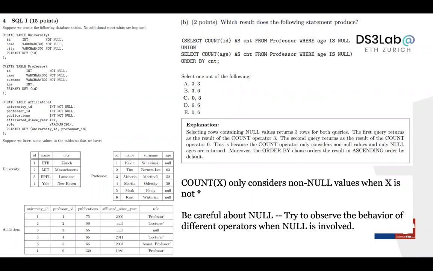I may be wrong, but I strongly believe it's going to be 3 if you have star here, because star means the whole tuple. They have different semantics, but when it's not star, it's going to ignore all the null values.